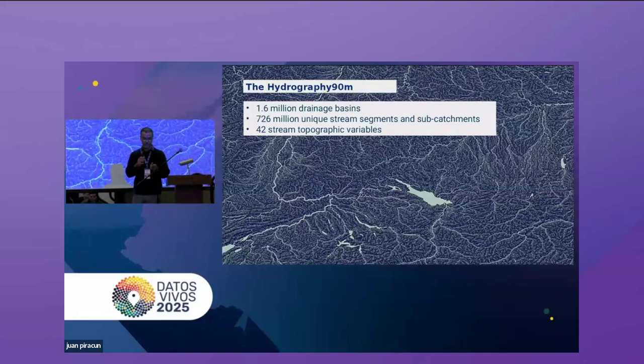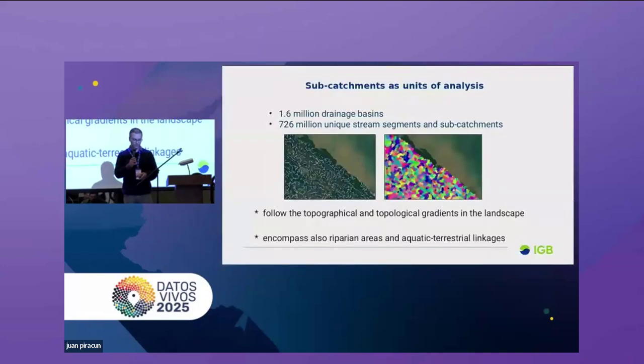We also generated 42 stream topographical variables derived from this stream network. What you see here is just an example of the stream networks and the small subcatchments for each of these streams. These small subcatchments are our unit of analysis for the creation of the Environment 90 Meter database.